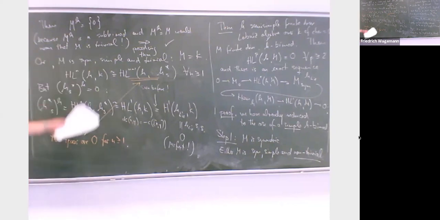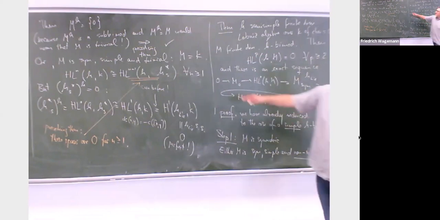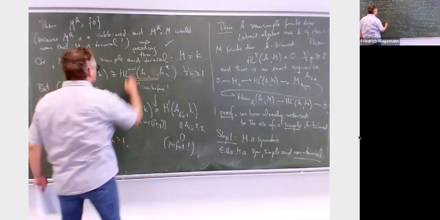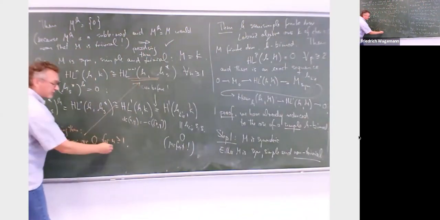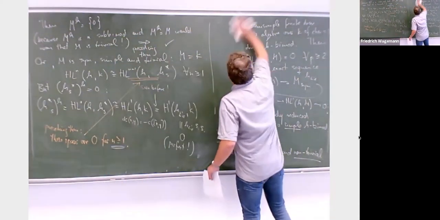So you see here, if M is symmetric, all cohomology vanishes if it's a non-trivial module for degree p greater or equal to 0, but for a trivial module only for degree greater or equal to 1. This is the first thing.